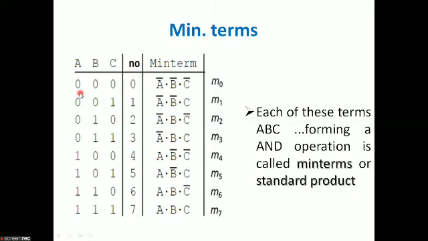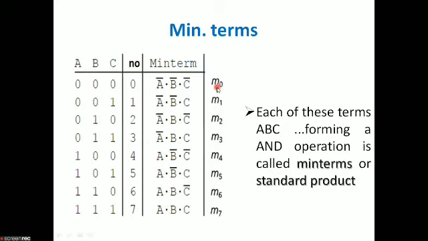So this 0 means A bar, this 0 means B bar, and this 0 means C bar. So this is A bar, B bar and C bar. And see here, this is min term 0. Each subscript of the min term means the decimal number, and this decimal number is coming here as min term 0.